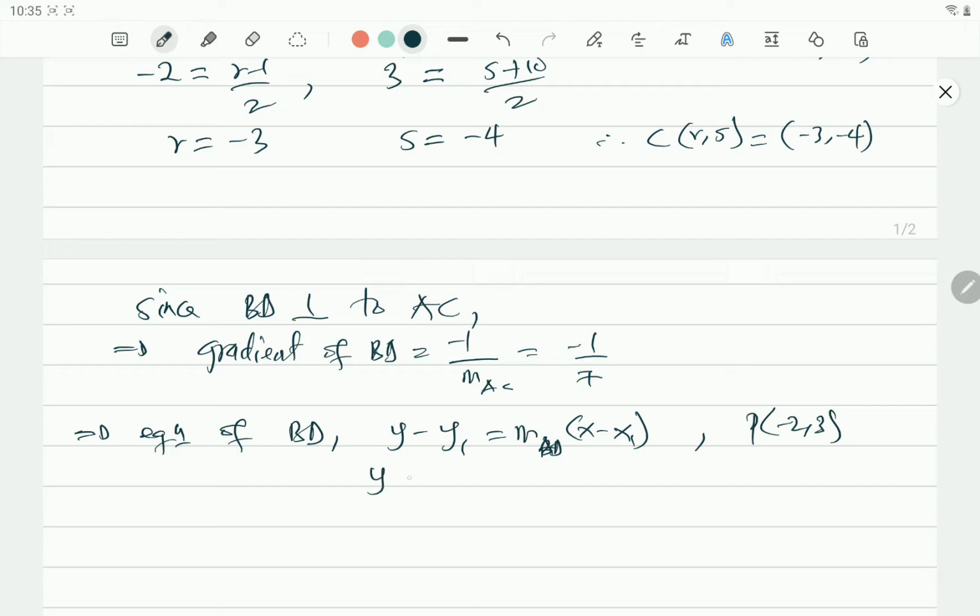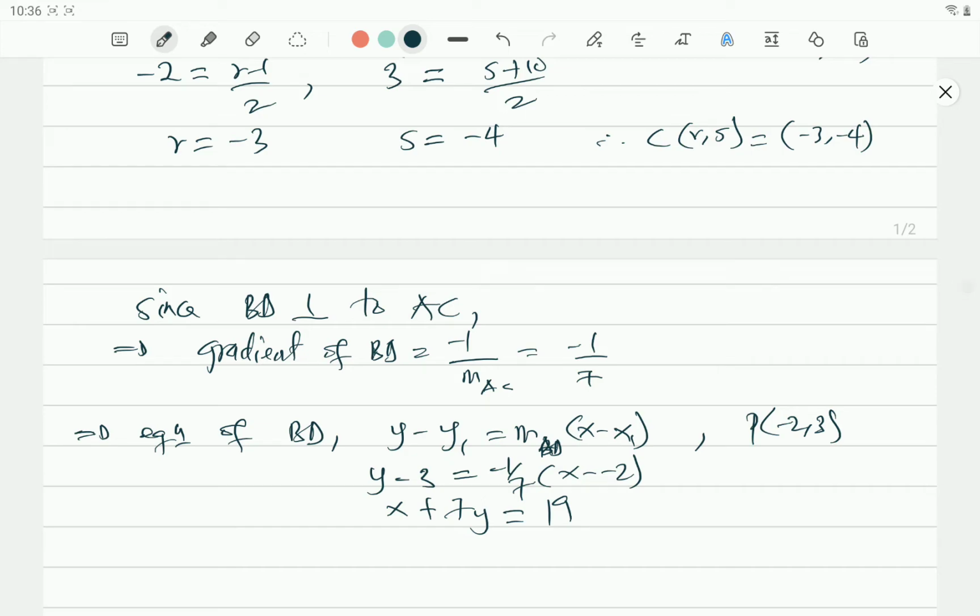So by substituting, we have y minus 3 equal to minus 1 over 7 times x minus minus 2. So finally, we have the equation as x plus 7y equal to 19. After you take your time to evaluate, you get this.